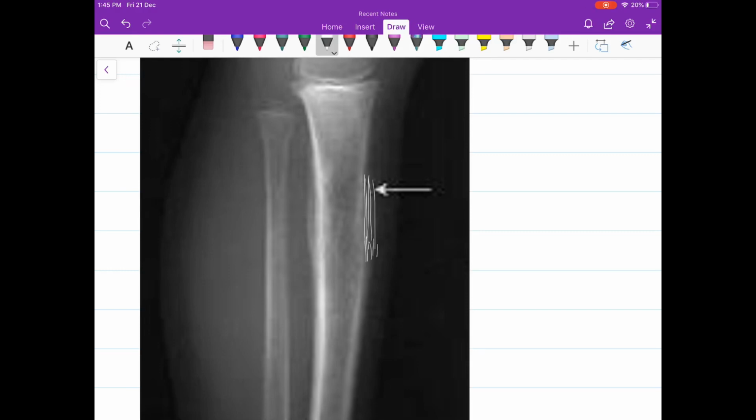It is seen in Ewing sarcoma. Where do you get sunray appearance? Sunray appearance is seen in osteosarcoma.